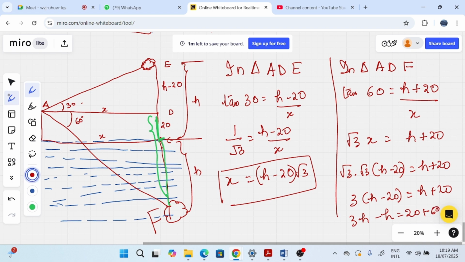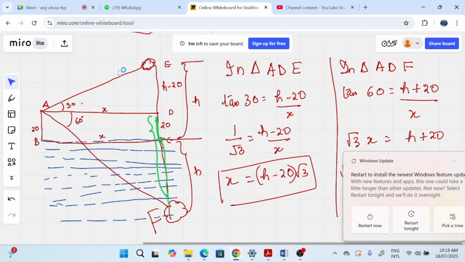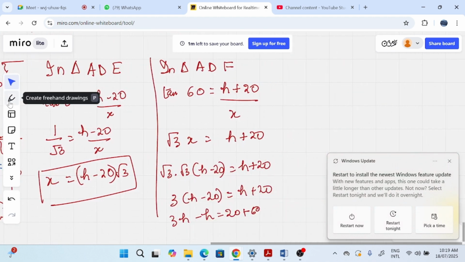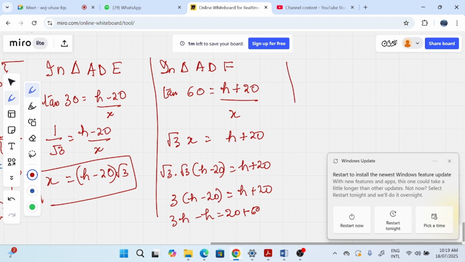You will get the value. Ma'am, I got h as 20. h will not be 20. How is it 20? Because when I open the bracket, this will become 3h minus 60.